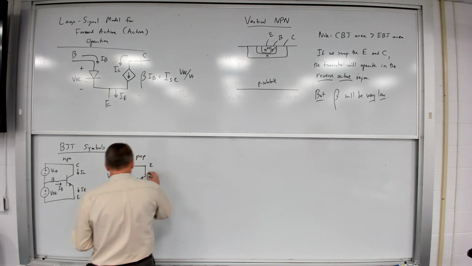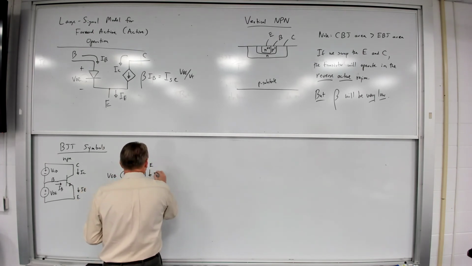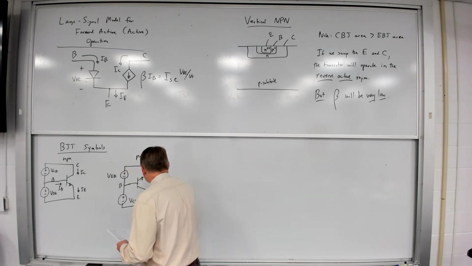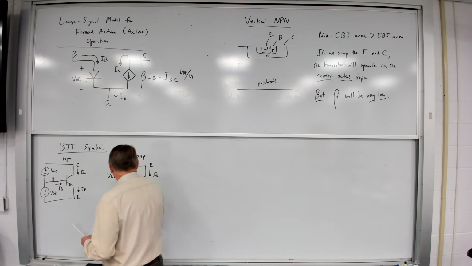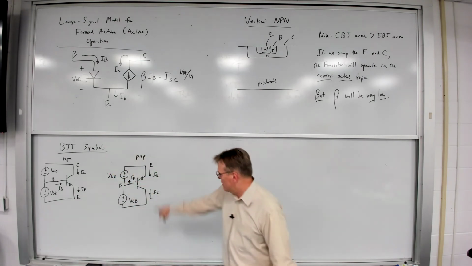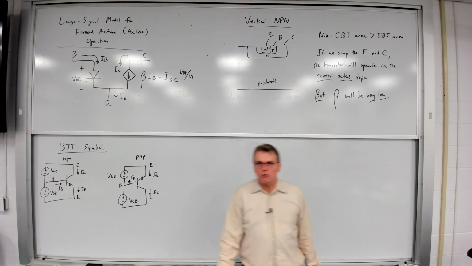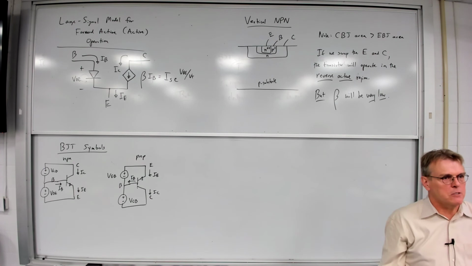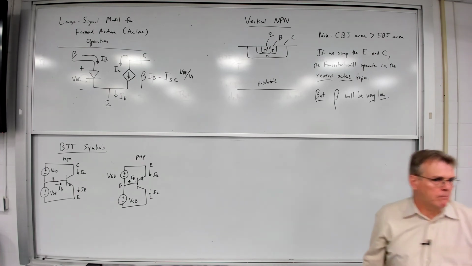And in this case, IE flows into the emitter, IC flows out, and IB flows out of the base. So notice the difference in the directions for emitter, base, and collector current. We're flipping the directions going from NPN to PNP.